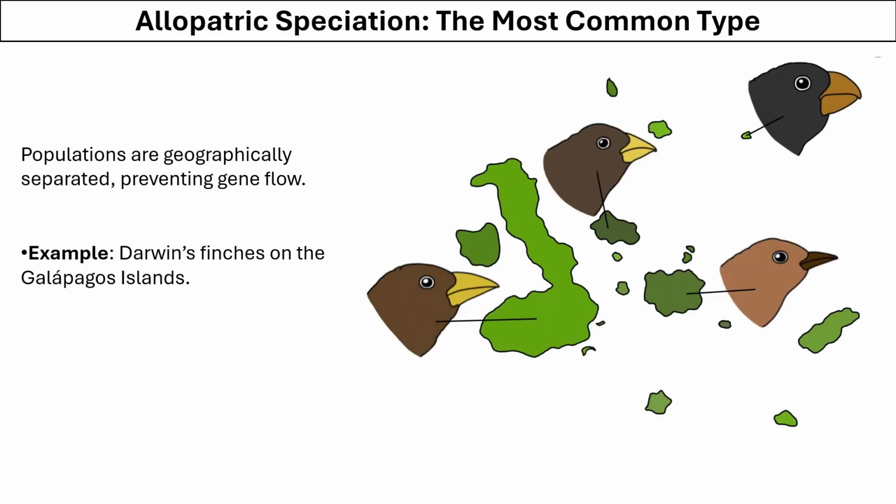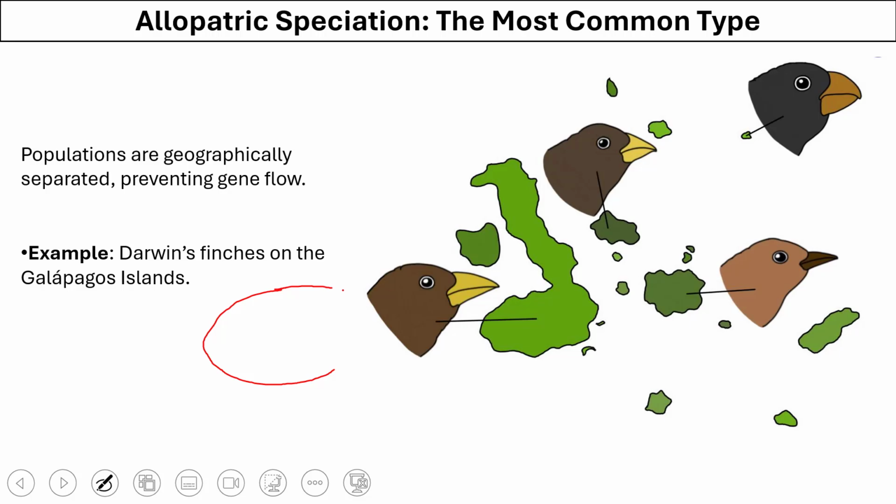Allopatric speciation is the most important type of speciation. What happens in this is a population in a geographic area is separated through some geographic barrier. So let's say this population is there and then a geographic barrier is built.